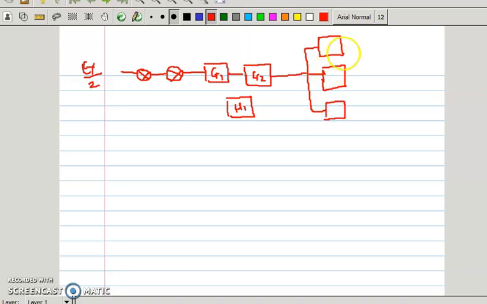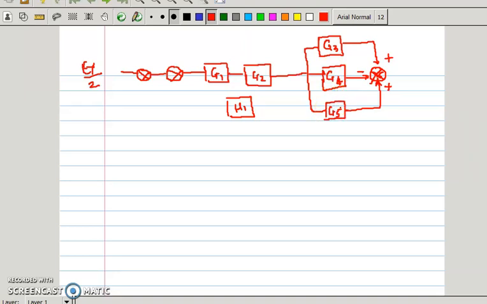They are mixed together here with one mixer like this. This is the mixer, right? Two are positive and 1 is negative, and those blocks are G3, G4 and G5.